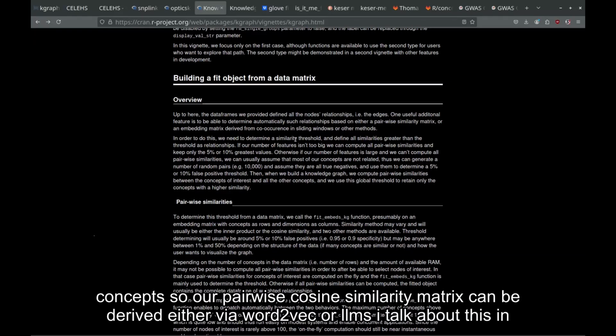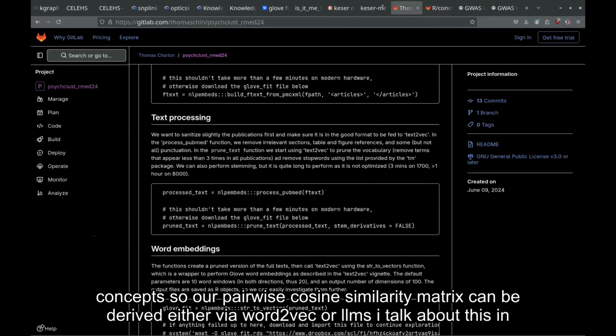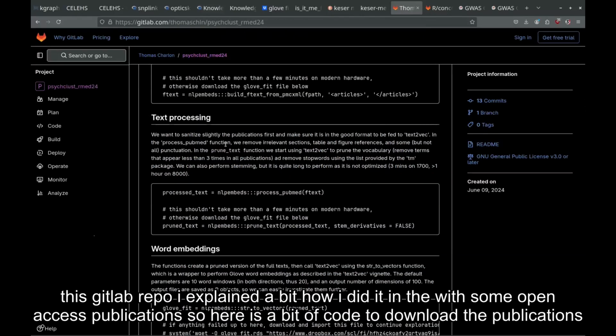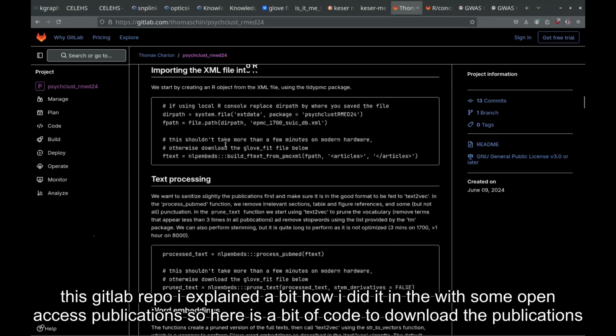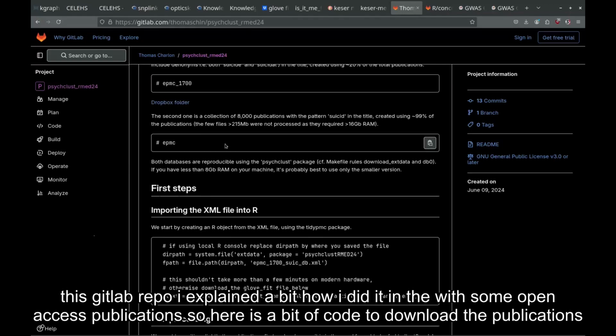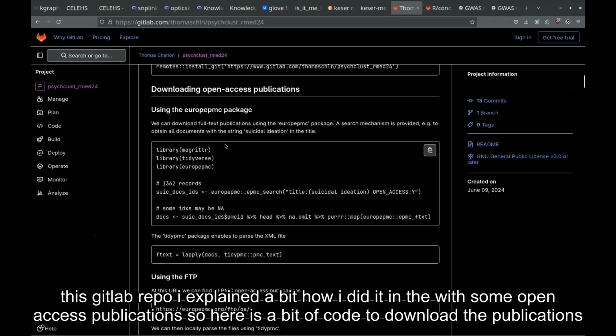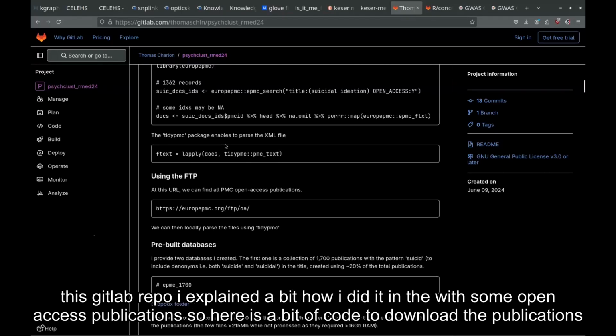Our pairwise cosine similarity matrix can be derived either via Word2Vec or LLMs. I talk about this in this GitLab repo, where I explain a bit how I did it with some open access publications. Here is a bit of code to download the publications.